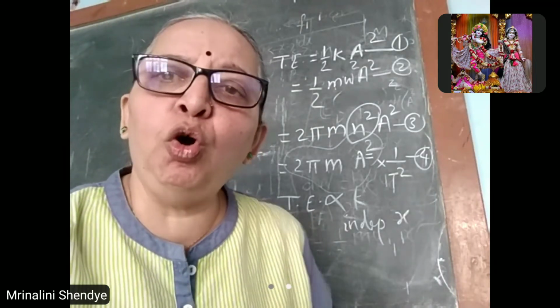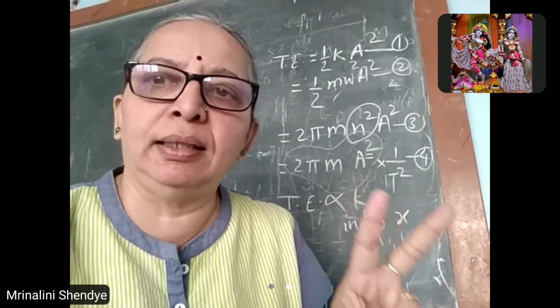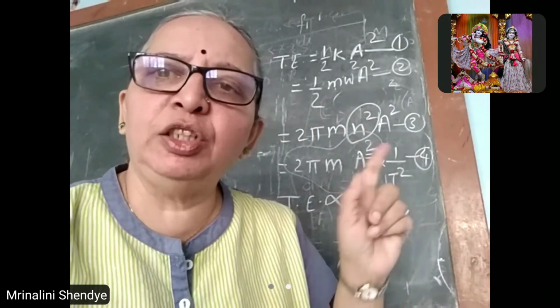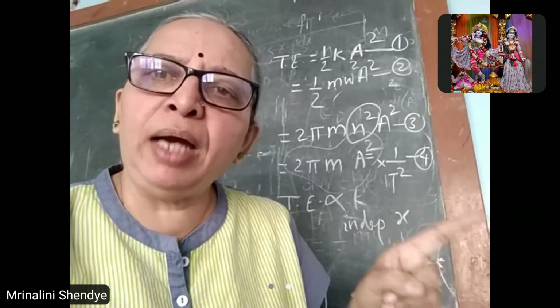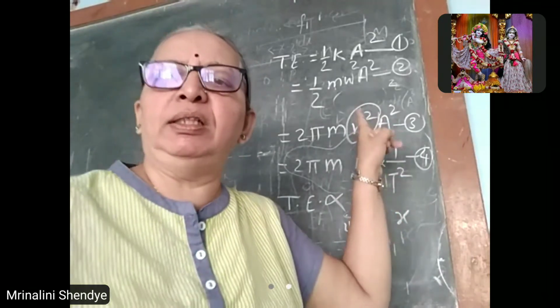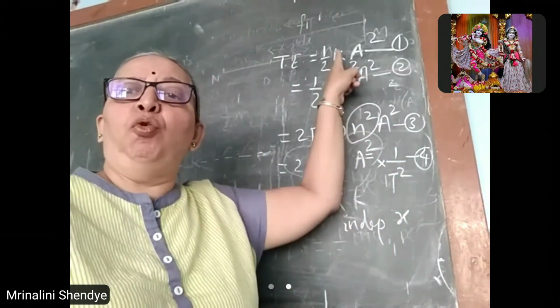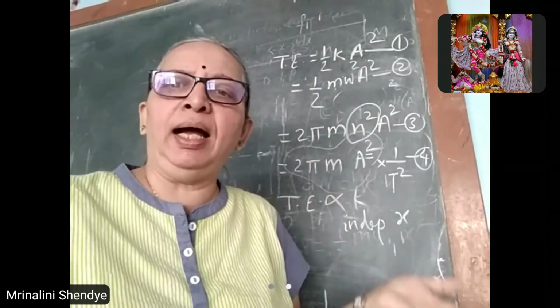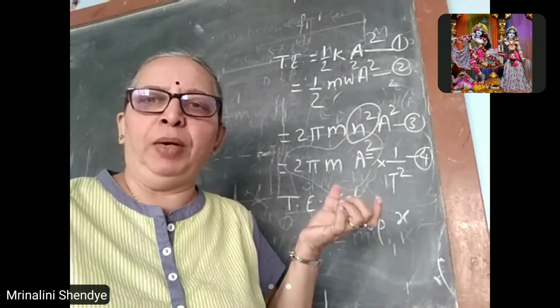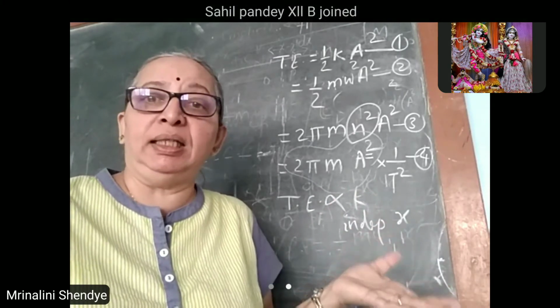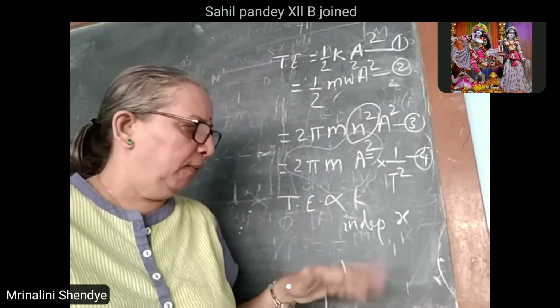So that can come as a question for 2 marks: on which factors does total energy depend? You can rewrite the equations and write total energy proportional to force constant. If force constant is greater, the particle performing linear SHM possesses greater total energy.